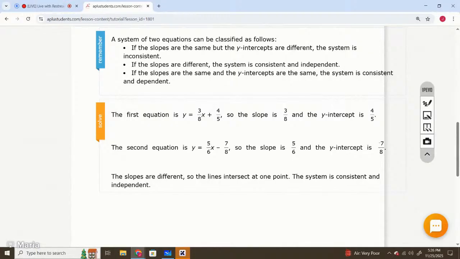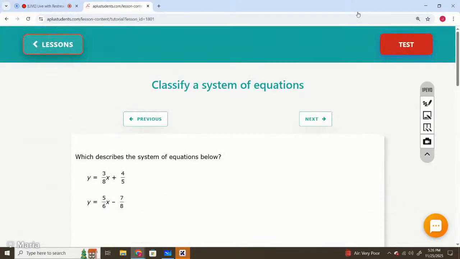The slopes are different, so the lines intersect at one point. The system is consistent and independent. Let's just start with the test questions.